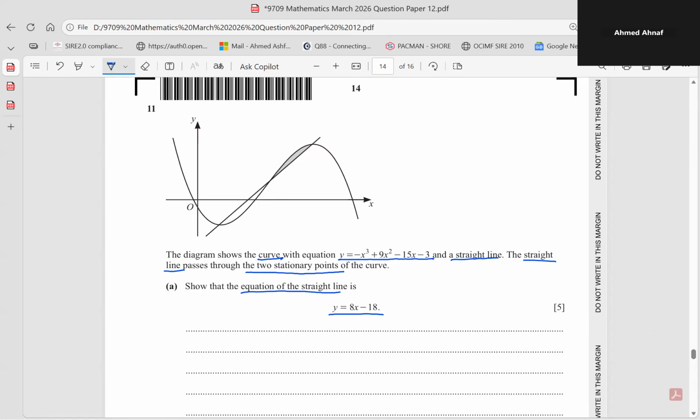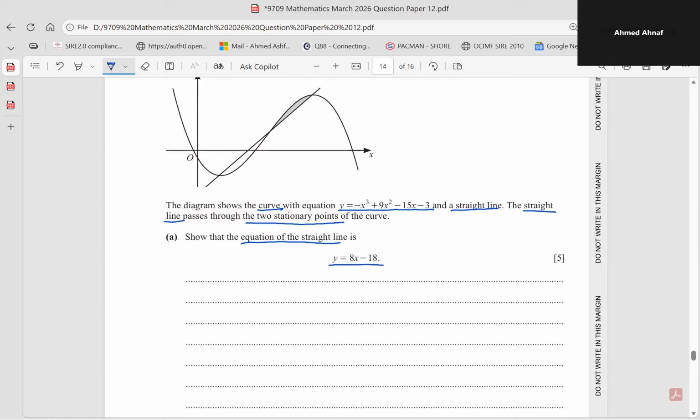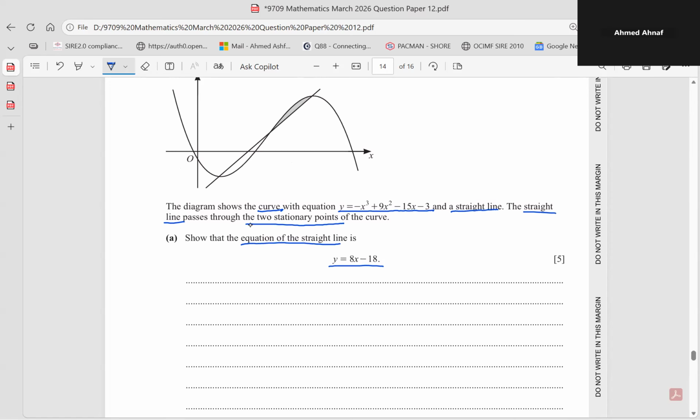To find the equation of the straight line, we're told it passes through the two stationary points of the curve, so obviously we need to know the coordinates of these two stationary points right here.